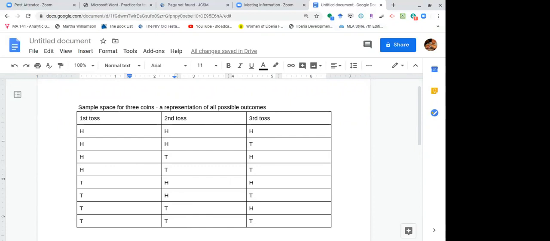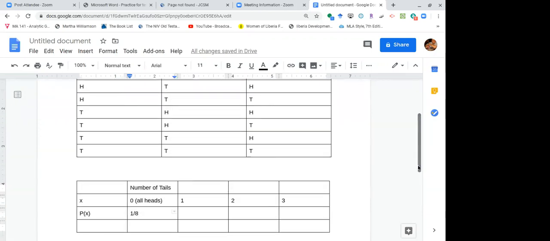Mm-hmm. There's one on row 6, THT. And then there's one on row 7, TTH. So there's 3 of those, right? Okay. So you have 3 of those, 3 out of 8. Now you already counted the one for 2 heads, 2 tails I mean, so that's 3 out of 8.